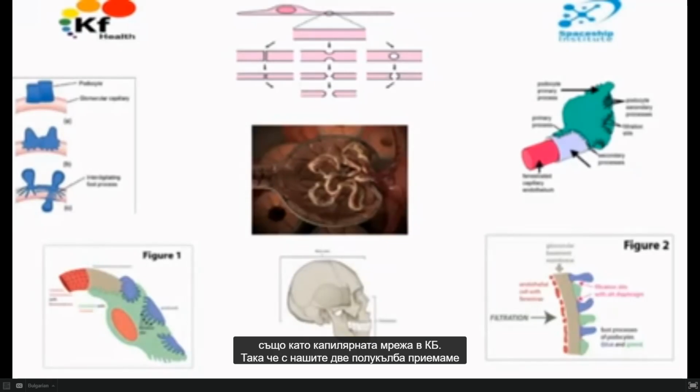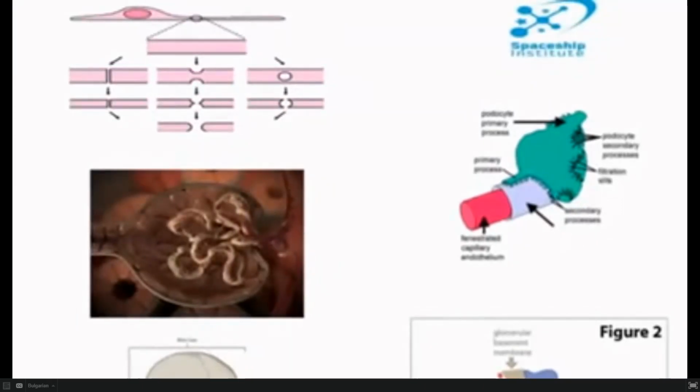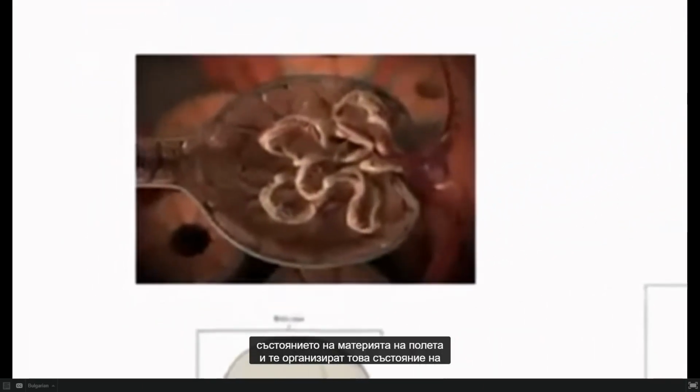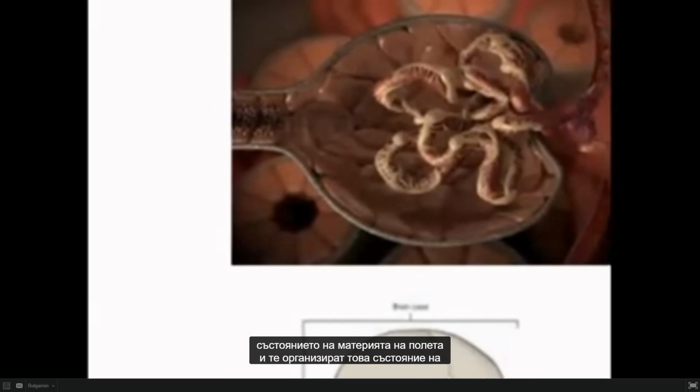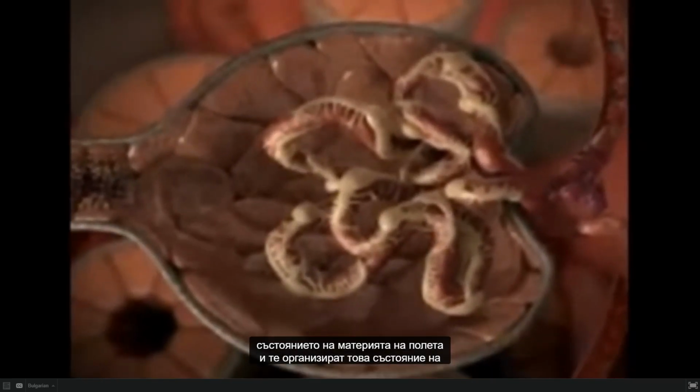So with our two hemispheres, we accept the state of matter in foods, and the two hemispheres organize that state of matter to the GANS state and feed the thalamus.